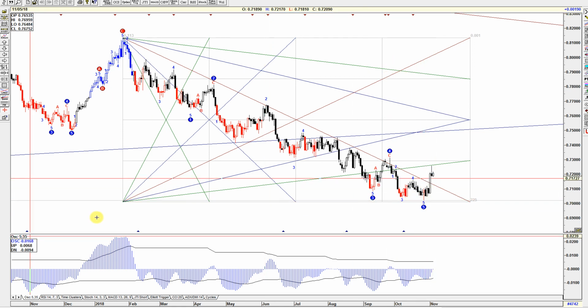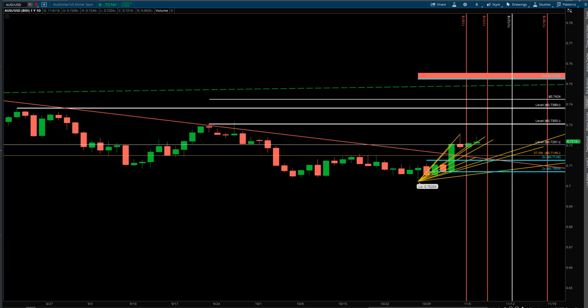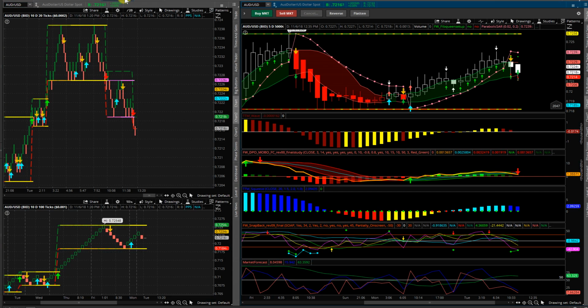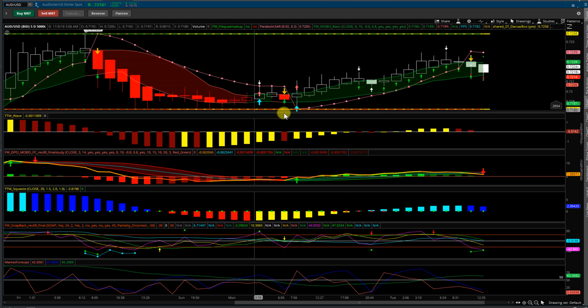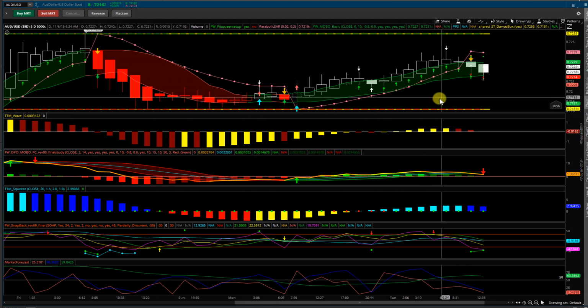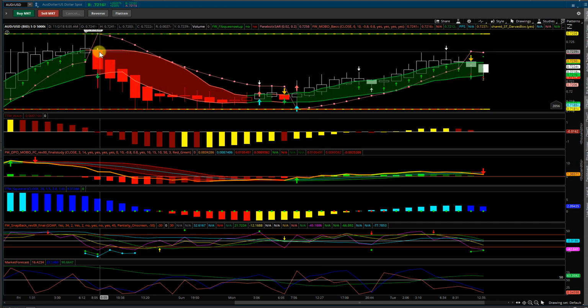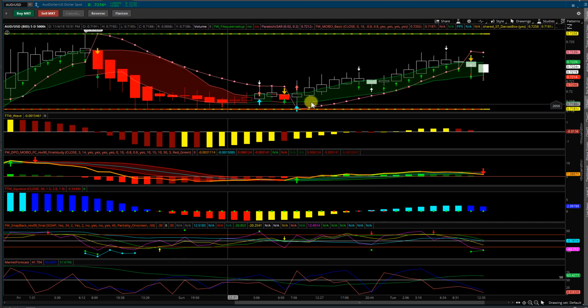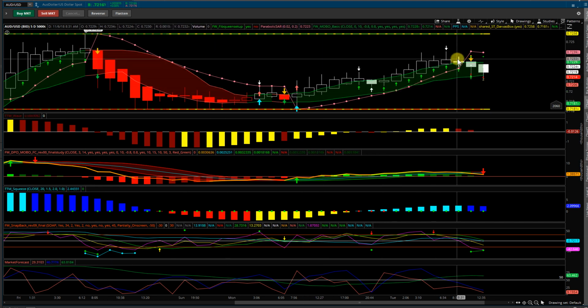One of the indicators I wanted to show you guys is this indicator right here that I've been messing around with. This is the one I've been using for scalping. Like here I sold, right here I bought, now right here I sold.